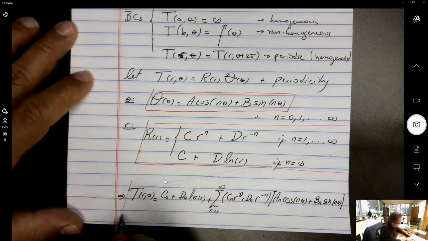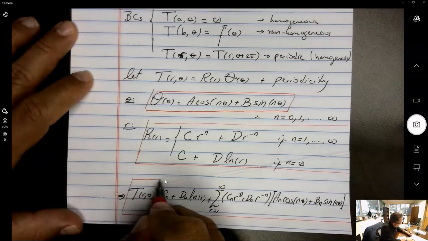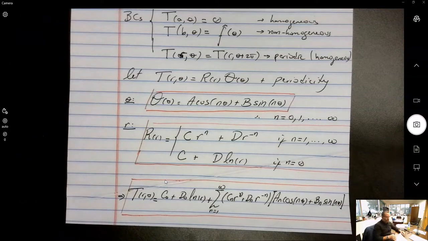This is the general solution. Now we need to find all these constants of integration.